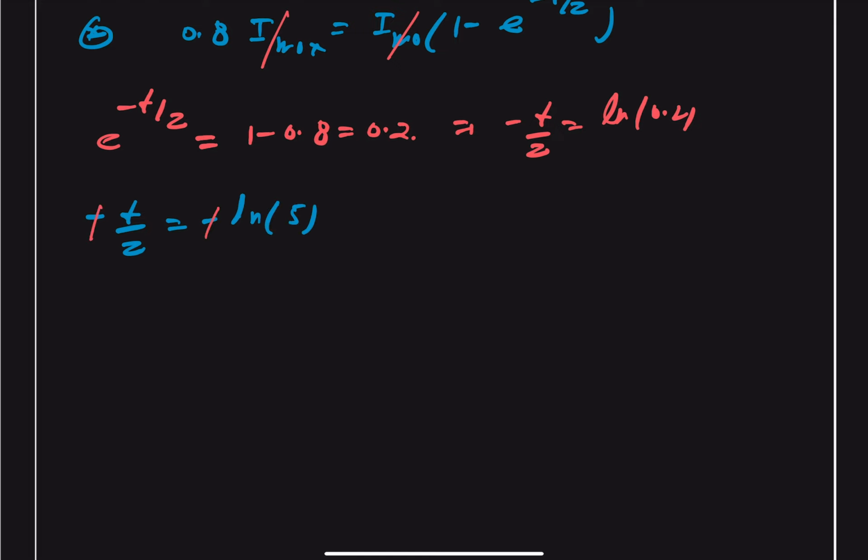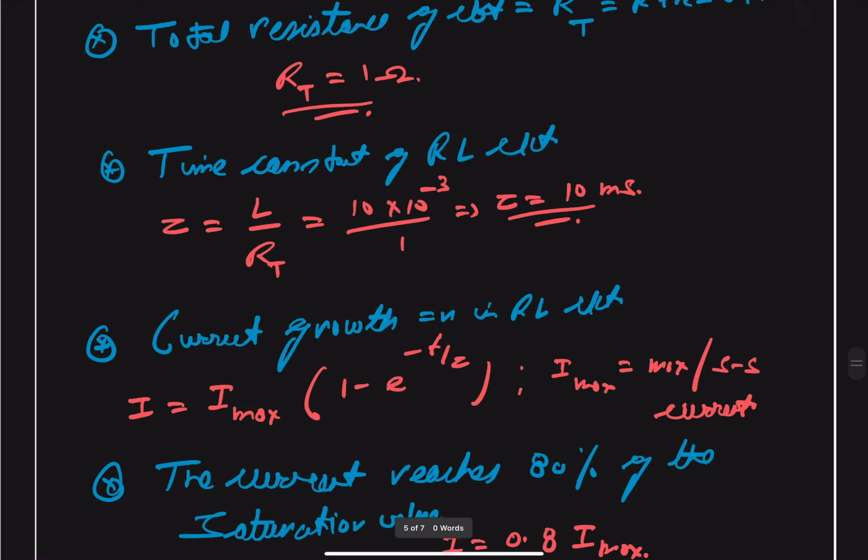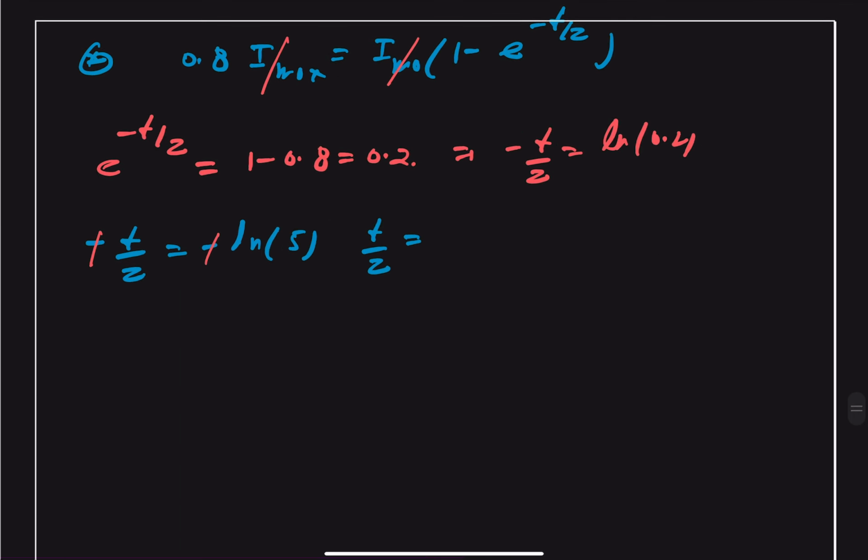The minus and minus cancel out, and we get t upon tau equal to 1.6. So t will be equal to 1.6 multiplied by tau.